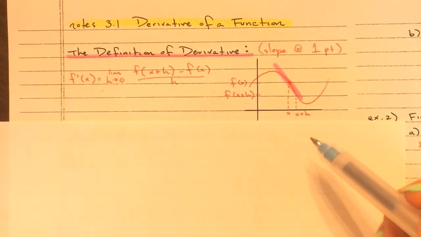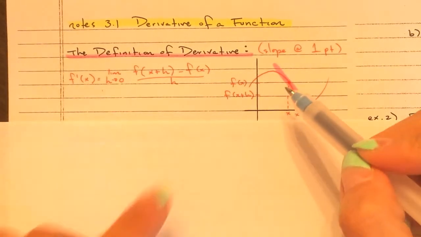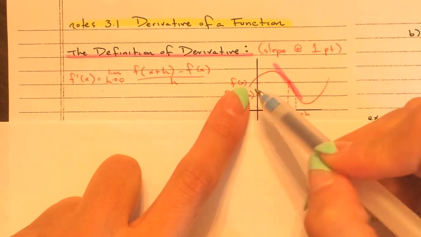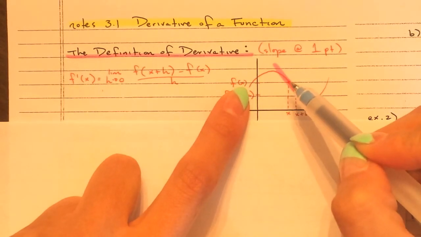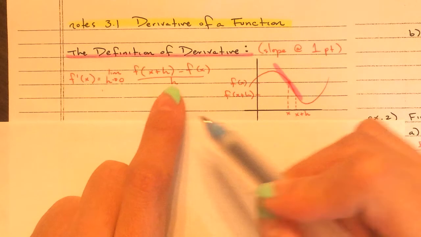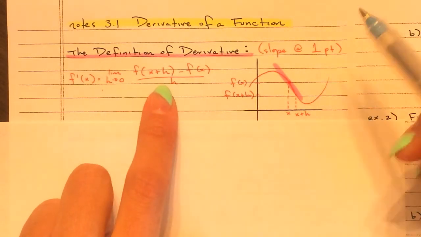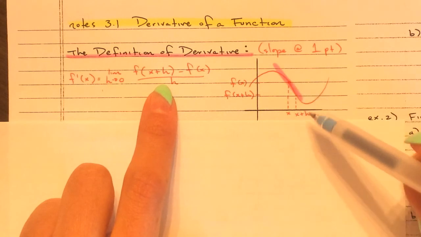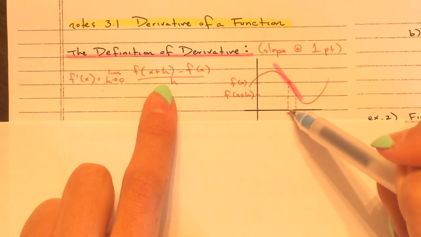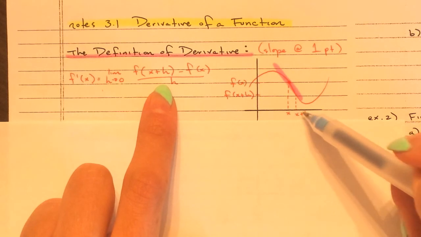So really, all of these letters, what they represent, so this x and f of x, that's our point, right? And then what we're basically saying when we're finding the limit as h approaches 0 is, let's go ahead and call this length h. So if we call that length h, then this is x plus h.